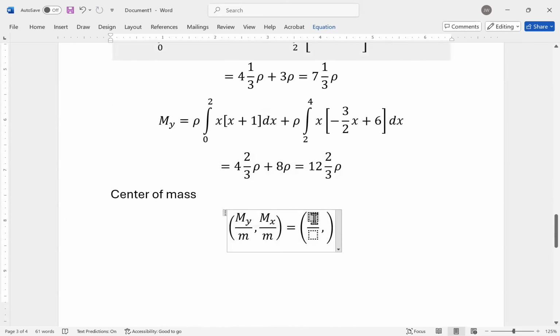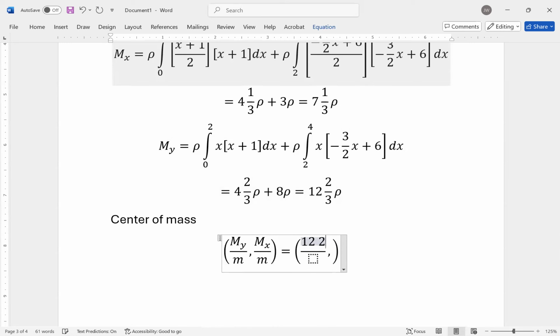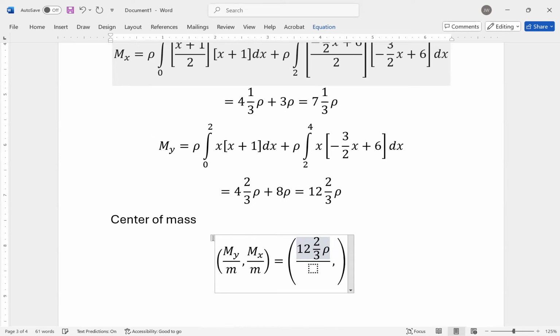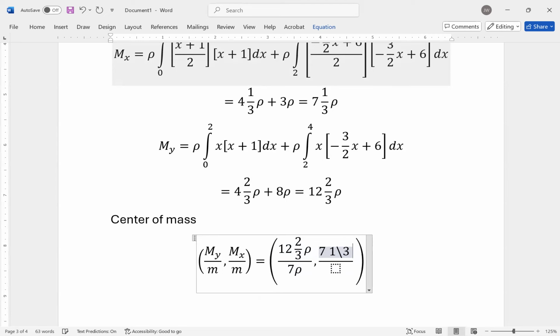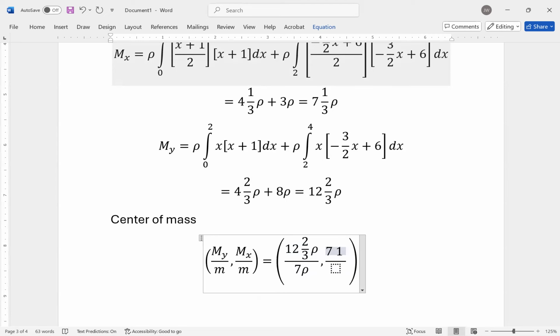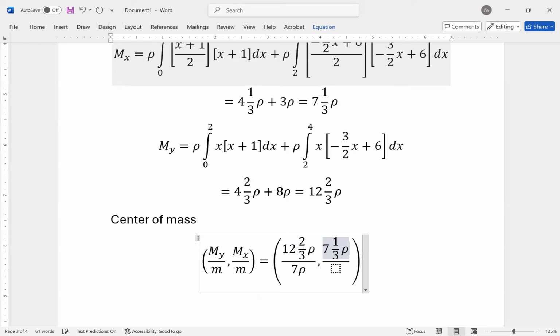What we're getting here is 12 and 2/3 times rho divided by 7 times rho, and then 7 and 1/3 times rho divided by 7 rho.